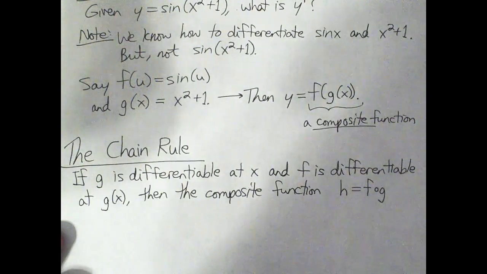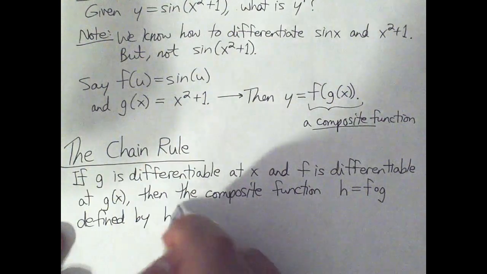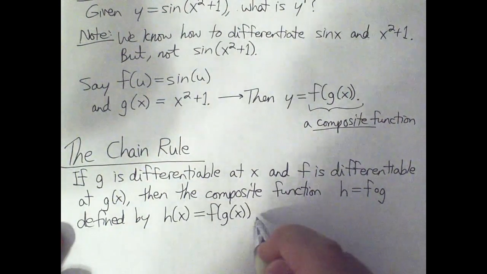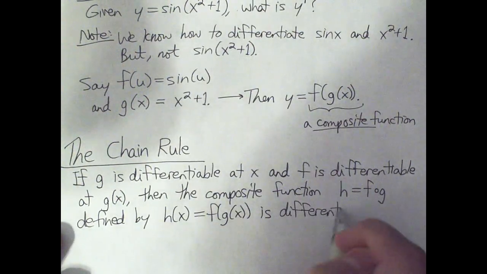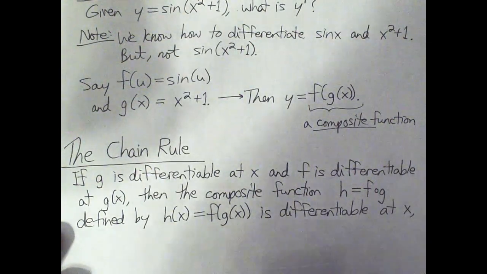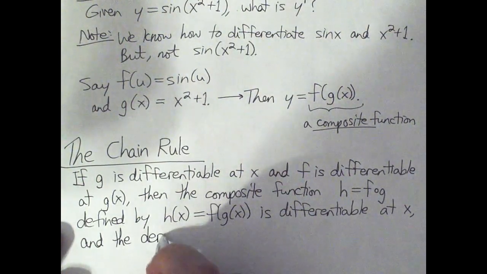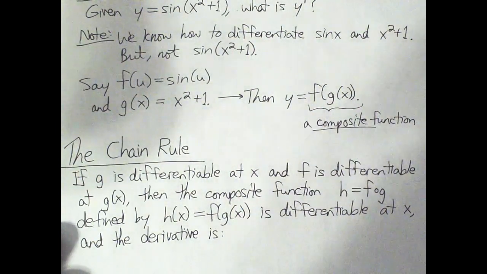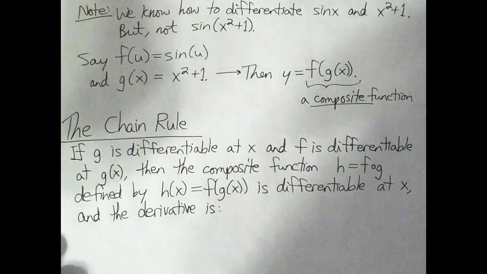F composed with g, defined by h of x equals f of g of x is differentiable at x, and the derivative is. All right, that's the long sentence. Now we can say the formula for the chain rule.